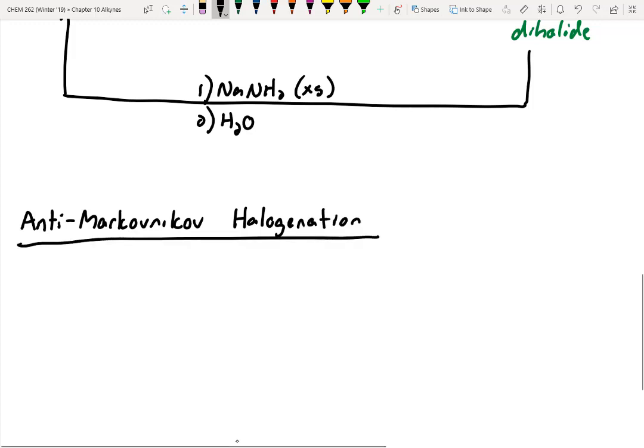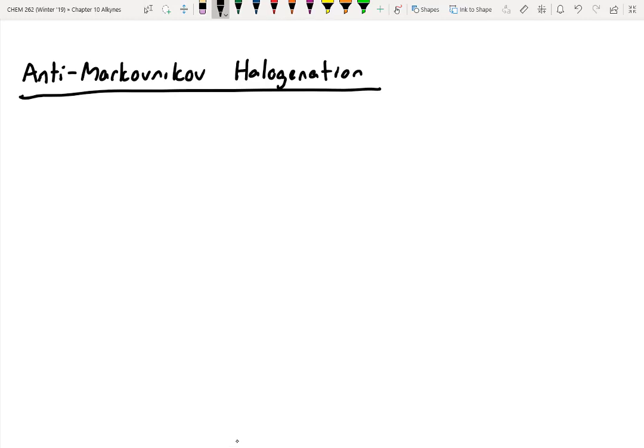All right, so anti-Markovnikov halogenation, like we saw with alkenes, can be accomplished using peroxide. Like I said, the peroxides that are normally used are going to be alkyl peroxides, so we normally abbreviate those alkyl groups with R's. It doesn't really matter which alkyl group they are. And when you do this, you'll get the bromine to install in the less substituted position.